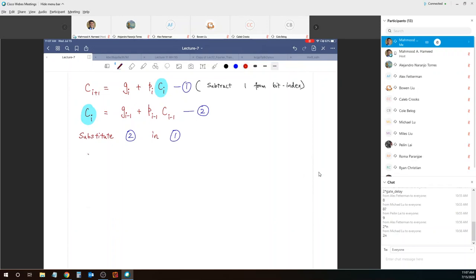You get c sub i plus 1 equals g sub i remains as is, or p sub i multiplied by c sub i, which is the new expression: g sub i minus 1, or p sub i minus 1, c sub i minus 1. All of that is in blue. You guys okay with this so far?